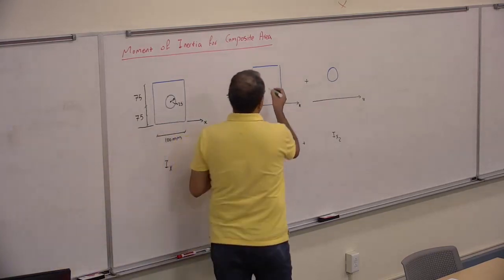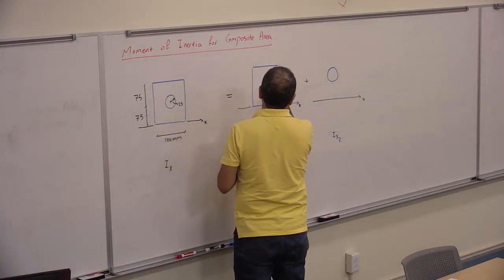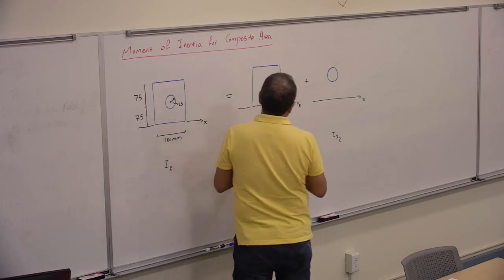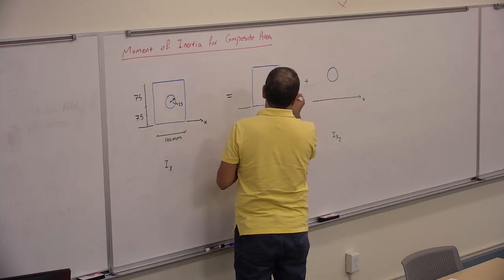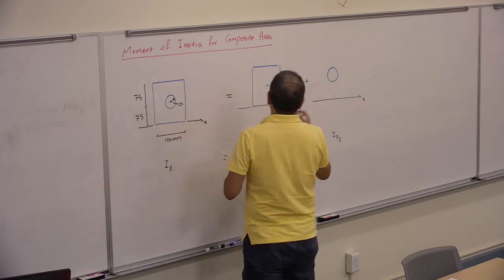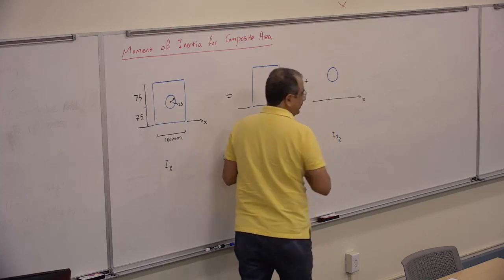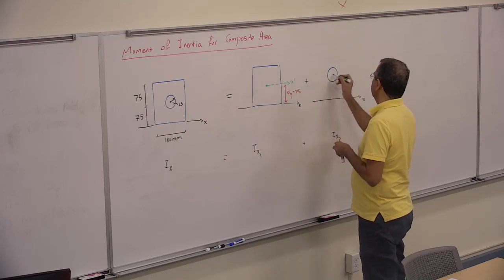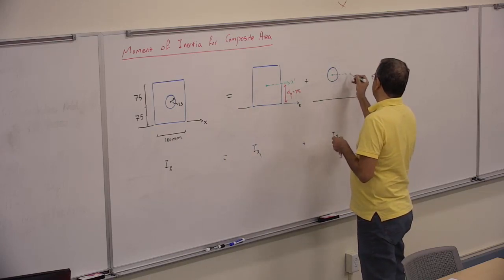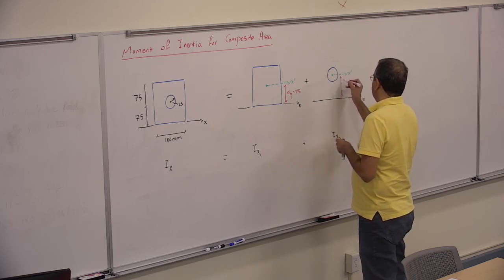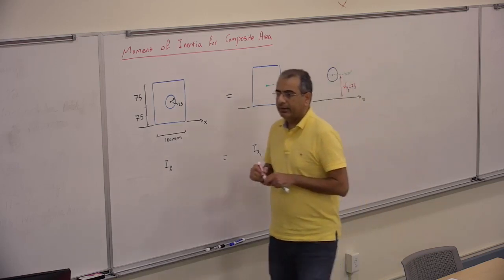The centroid for this one is here, and the distance between the axes, this distance, is dy for the first one, which is 75. The centroid for this one is also at the same location, and the distance, dy for the second one, is 75 as well.